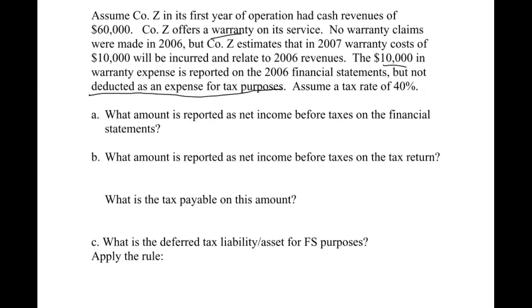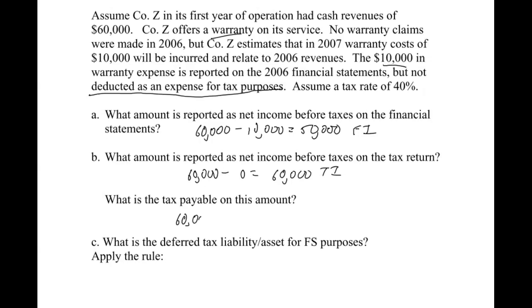So remember, just like the previous one, we have revenue less expenses equals 50,000. Now remember, this is going to be my financial income, income before taxes. On my tax return, however, it's 60,000, and we're not expensing anything, so my taxable income is 60. All right, so 60,000 times 40% is 24,000. That's my income tax payable number in my journal entry.